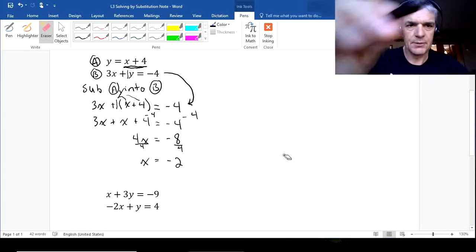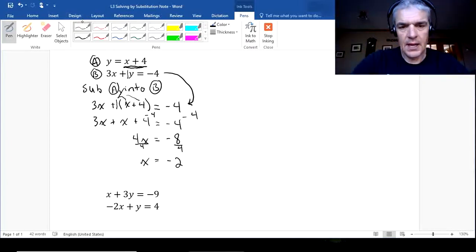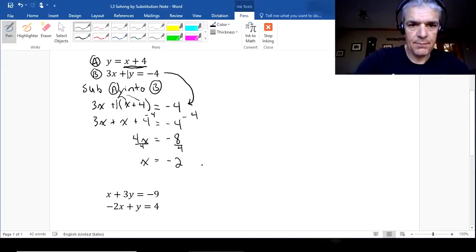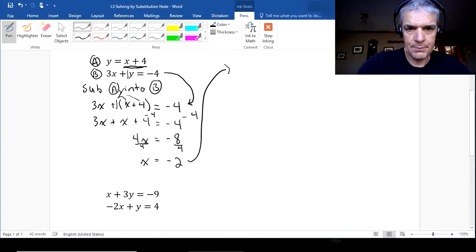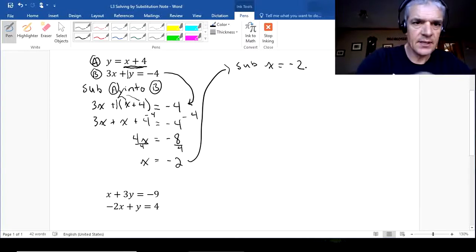So I just clean up some mess over here. I have half of my solution in that I know the x value of where these two lines cross is minus 2. Now I'm going to go up to the top here, and I'm going to sub x equals minus 2, and I can sub it into either one.